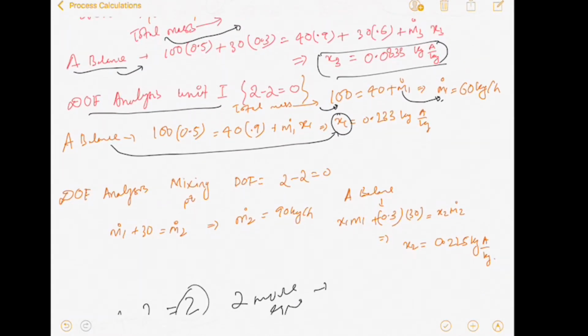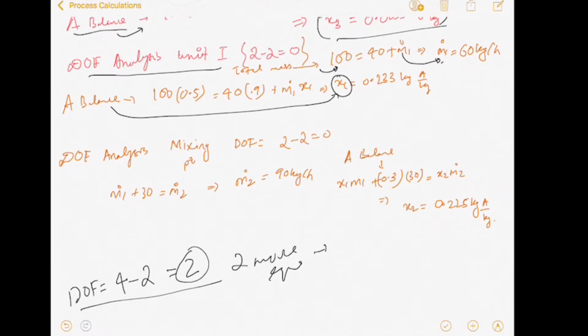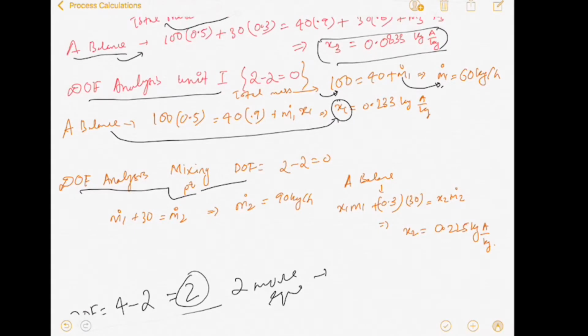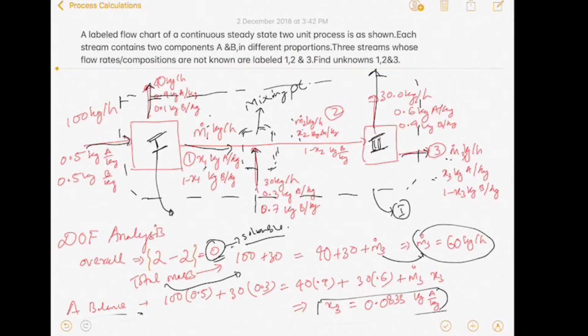The last unknown is left. We do a degree of freedom analysis on the mixing point. At this point, the mixing point is solvable. How? Because we first did a material balance on the overall system and got M3 dot and X3. Then we did a material balance on system 1 and got M1 dot and X1.